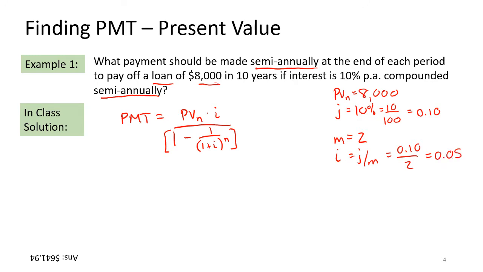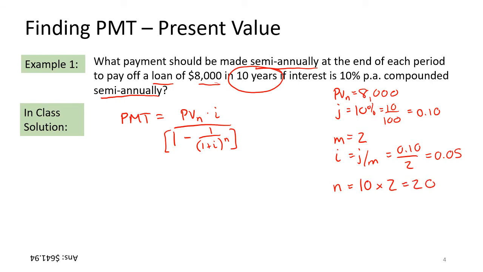Our last item we need is the total number of compounding periods, n. And that's equal to the number of years of the loan, in this case 10 years, multiplied by the number of payments each year. In this case it's semi-annual, so 10 times 2 gives you a value of 20.